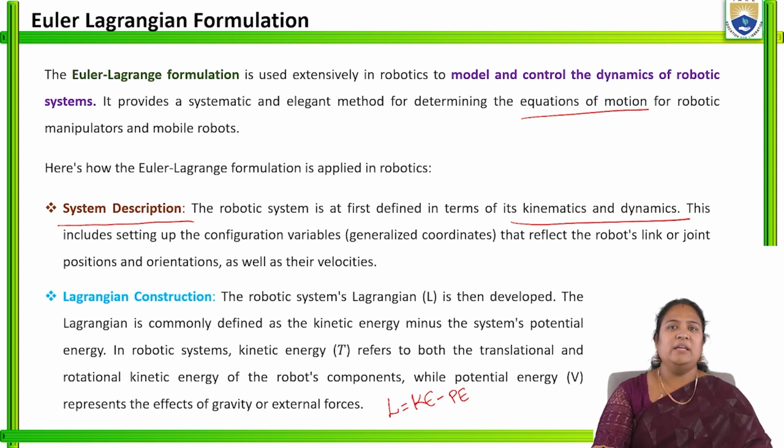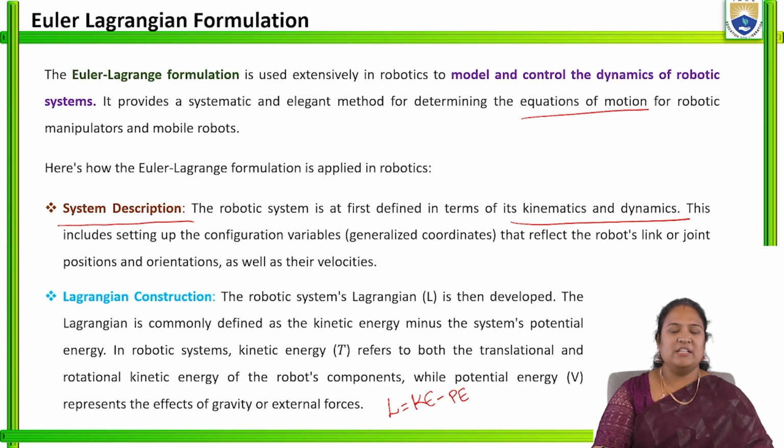The robot will have some kinetic energy as well as some potential energy, and the difference between them gives us the Lagrangian. The Lagrangian is defined as the kinetic energy minus the potential energy.